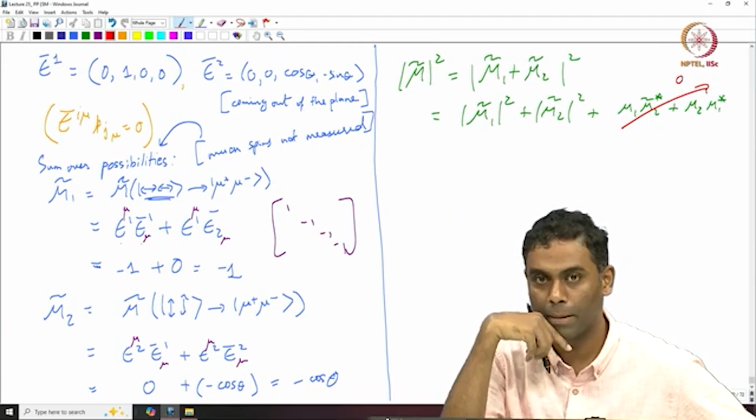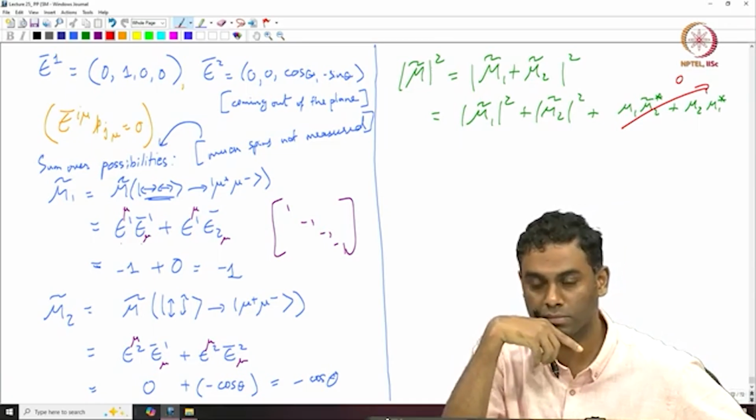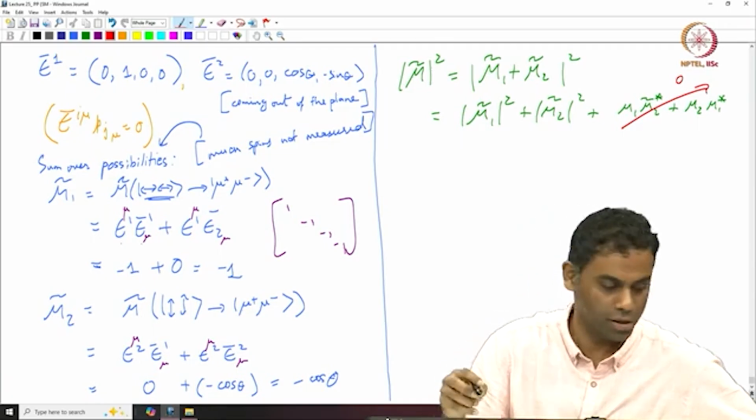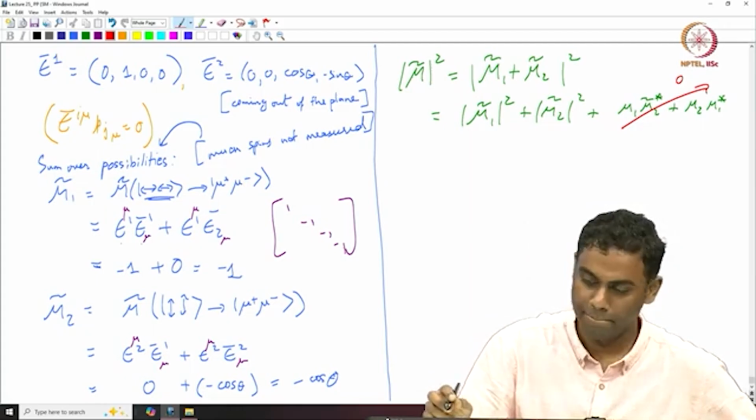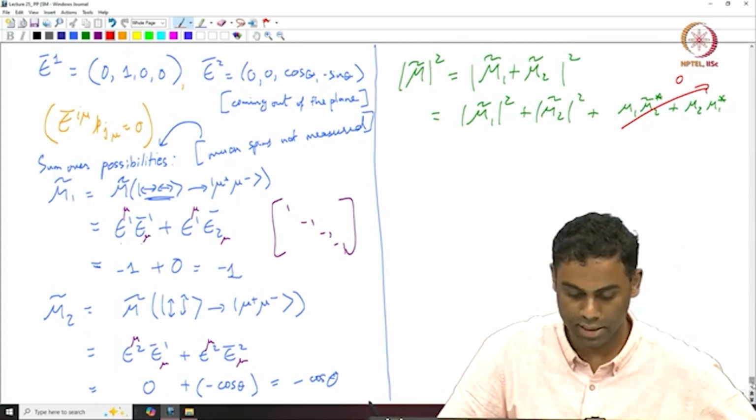So why is that? Because the two helicity states that we're thinking about, these are helicity states at the end of the day, I can call them that now.